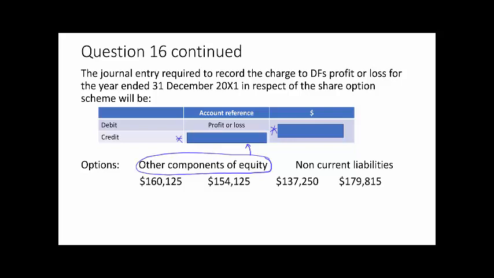In terms of the value, we need to do a few calculations here. The first thing is to think about how many employees we now estimate will actually be able to exercise these options. Originally, on the 1st of January X1, we had options being granted to 350 employees.